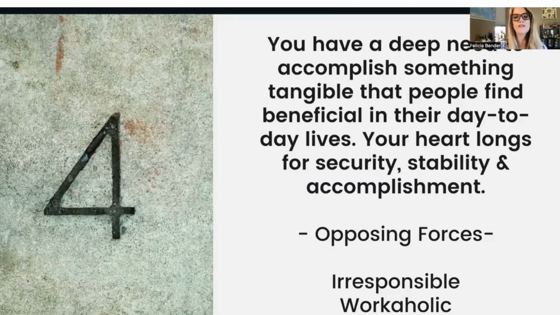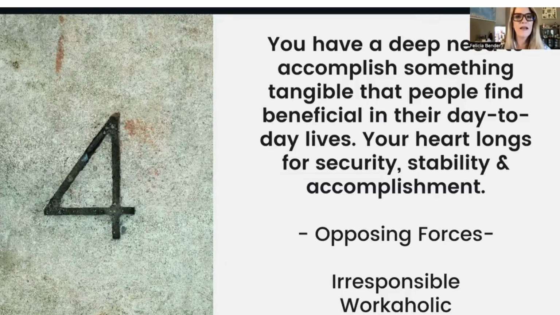So the opposing forces here can be irresponsible, because the 4 is the super responsible one. And so you can kind of be irresponsible till you figure that out. And could be a workaholic on the other end of that, being very work-oriented, very self-limiting. So anyway, the irresponsible kind of work, or a workaholic, kind of one or the other.